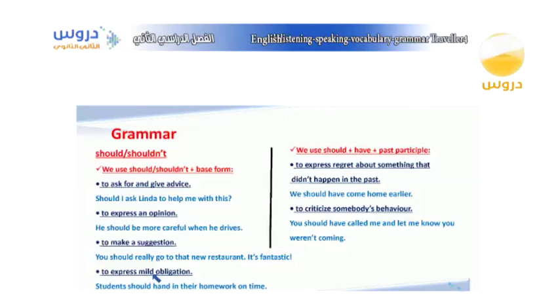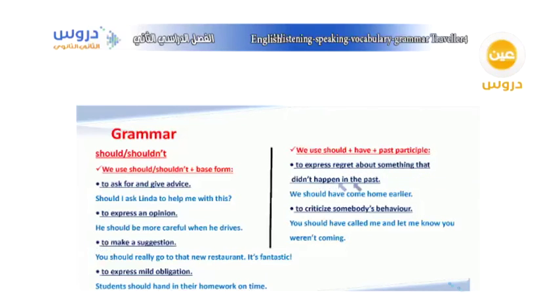And finally, to express some kind of mild obligation. Somehow it's a little bit tough obligation. Students should hand in their homework on time. Now also we use should have and the past participle, like should have done, should have gone, should have made, should have worked.